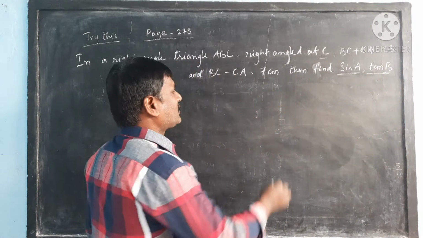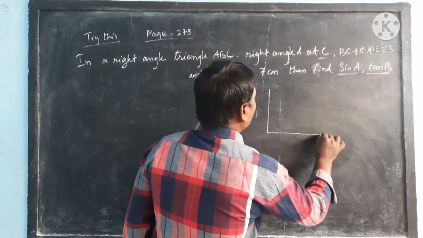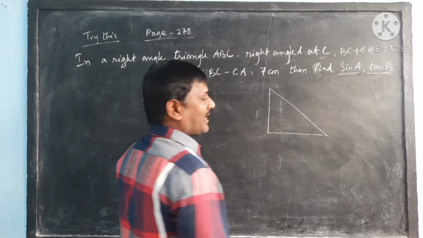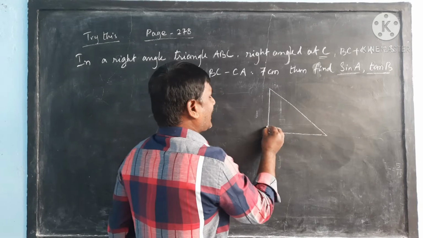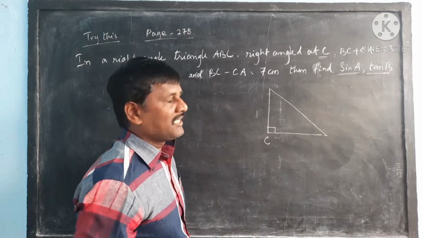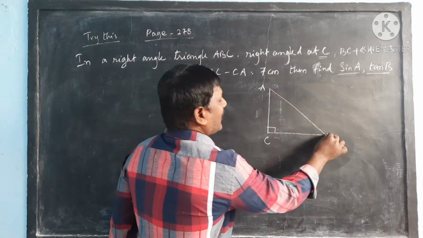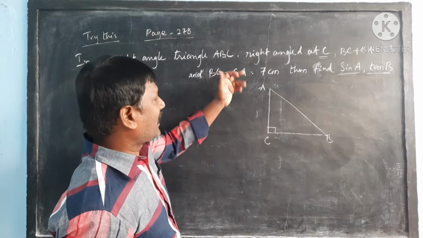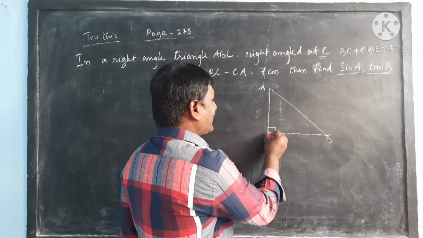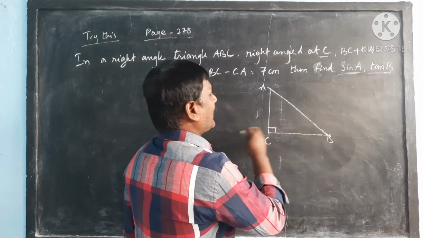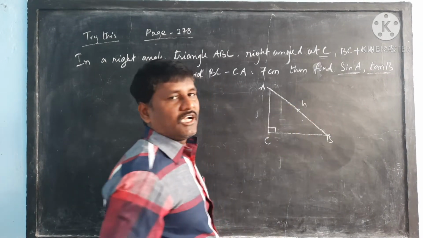First of all, let us draw a right angle triangle with the given information. Draw triangle ABC with the right angle at C. Then the remaining two points are A and B. So if the right angle is at C, then the side opposite the right angle is the hypotenuse.